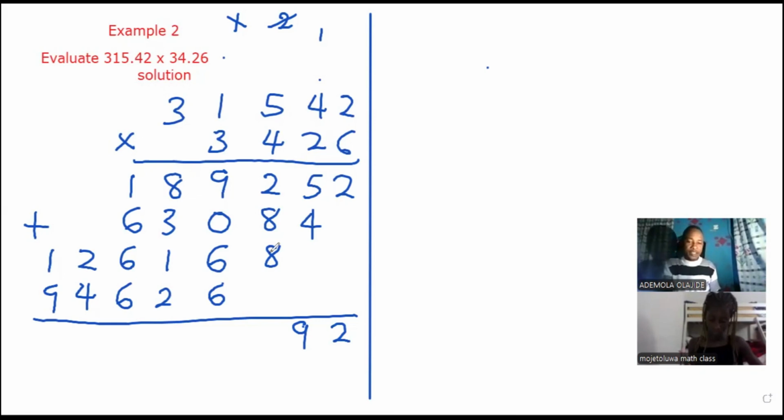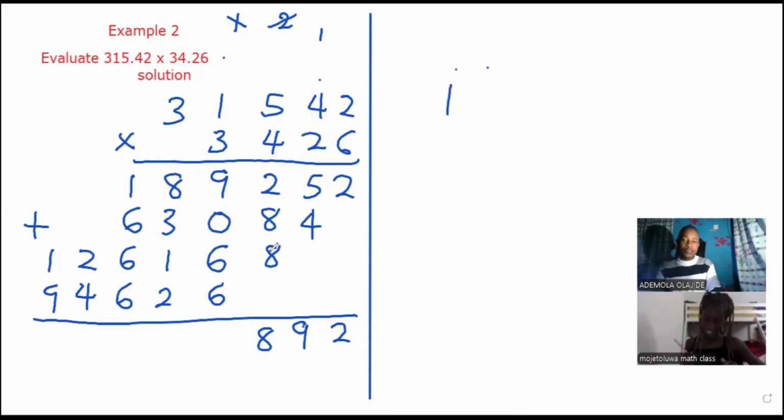Plus this 8 is 18. So we write 8 and keep 1. I want to keep that one around this place. Let me keep it this side.